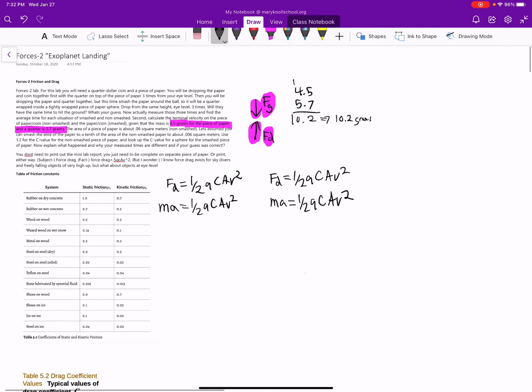Okay, so grams to kilograms unit conversion. We have 10.2 grams, but we need kilograms, 1,000 grams.